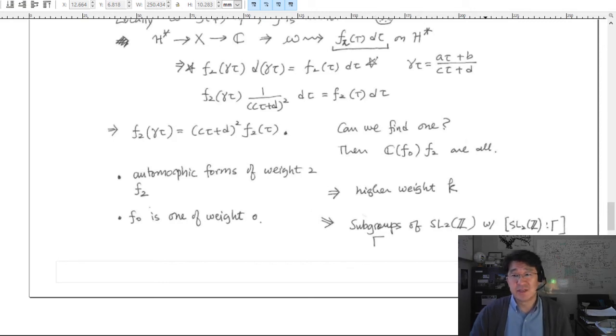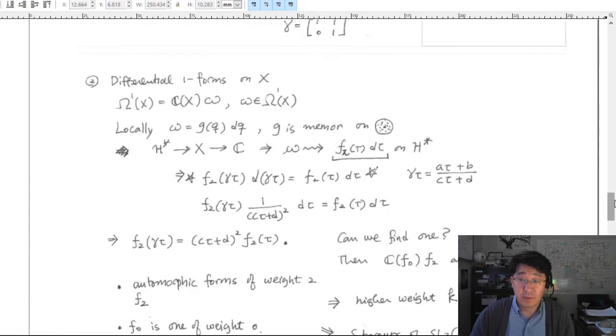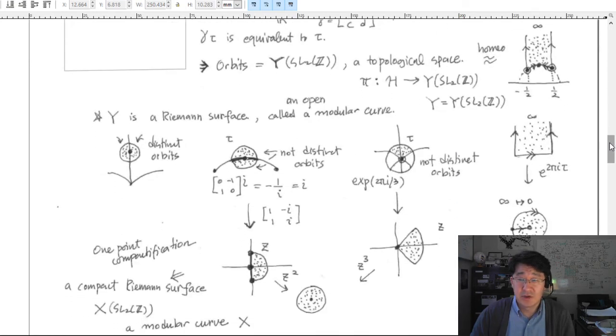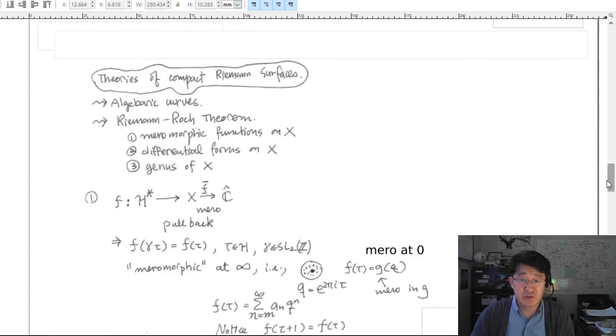Next thing they do, they don't consider this SL2Z, they consider subgroups of SL2Z that have a finite index. And going all the way back, we do not have all the SL2Z elements, so this orbit's so-called fundamental domain, I forgot to introduce that name, this fundamental domain of the subgroup that has a finite index in SL2Z, creates the bigger orbits, not the smaller one, as copies of this create a different Riemann surface, creating a higher genus of Riemann surfaces.